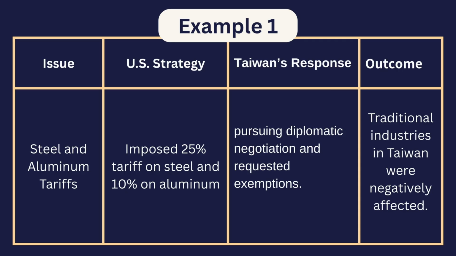Taiwan was affected by this measure, but chose not to retaliate with reciprocal tariffs, because doing so could harm its key export sectors in strategic relations with the United States.